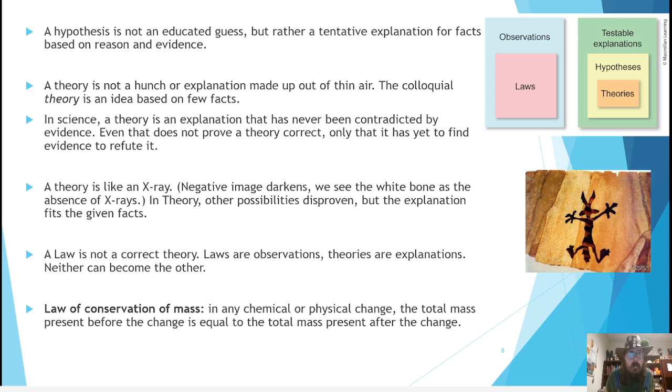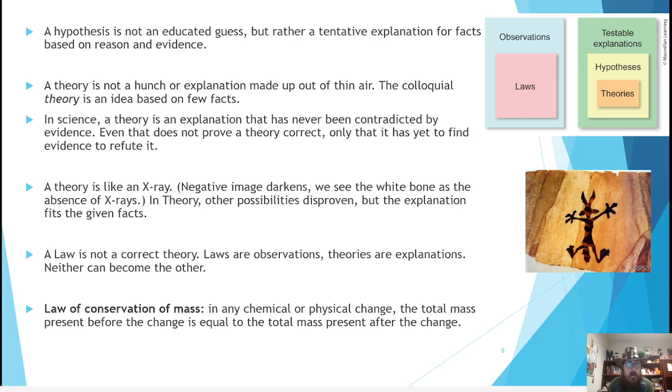So here are some little facts. A hypothesis is not an educated guess. It's rather a tentative explanation for facts based on reason and evidence. A theory isn't just a hunch or an explanation made out of thin air.